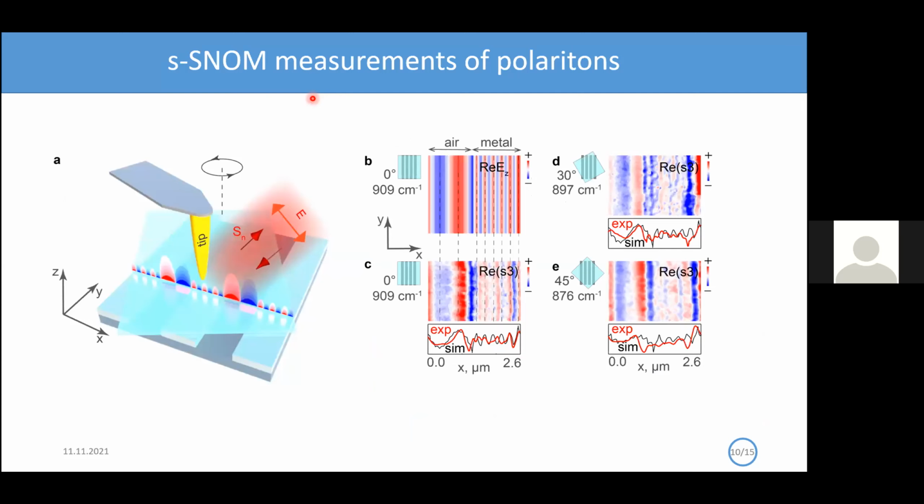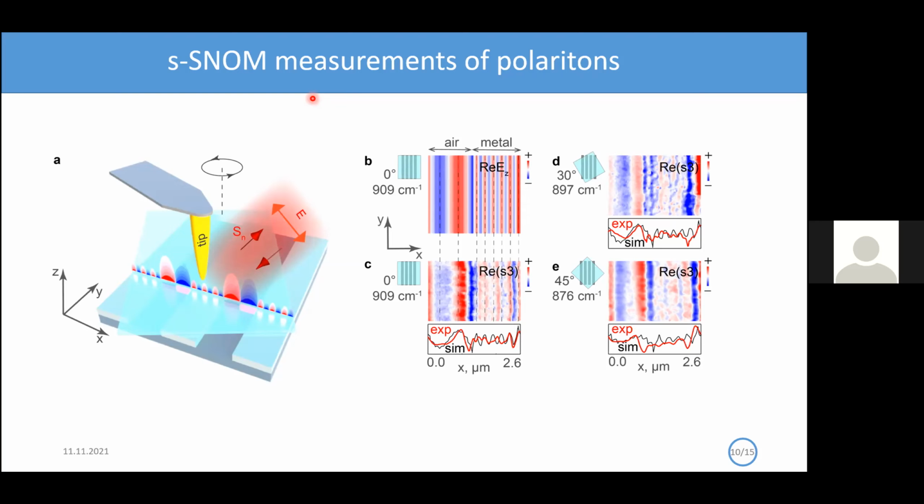To better corroborate our theory, we performed near-field measurements. In these SNOM measurements, polaritons were excited by a plane wave polarized perpendicular to the ribbons and perpendicular to the tip axis, without exciting the tip. After that, the tip was excited with polarization parallel to the tip axis.